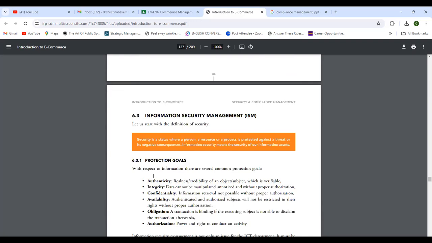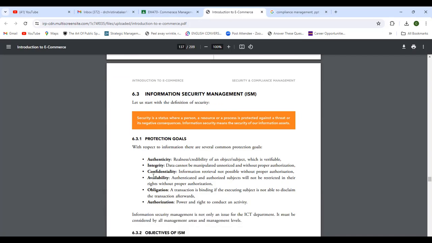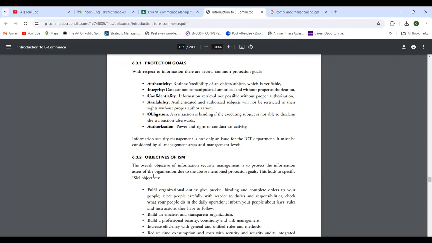We have information security management. With respect to information, there are several common protection goals. Authenticity: realness and credibility of an object or subject, which is favorable. Integrity: data cannot be manipulated unnoticed or without proper authorization.